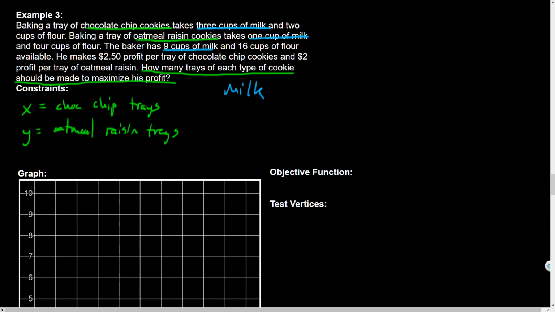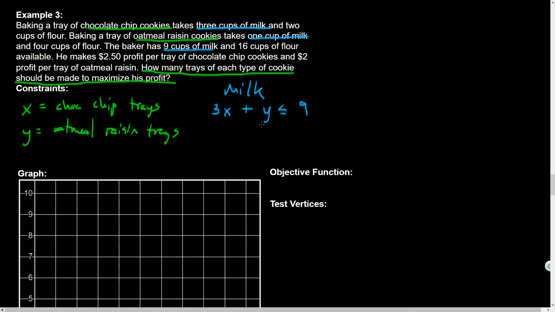This one I've kind of had to piece my clues together. So 3 cups of milk for every chocolate chip tray, 1 cup of milk, 1y, for every oatmeal raisin tray, and there's a total of 9 cups of milk, so you can only use up to that amount, so less than or equal.